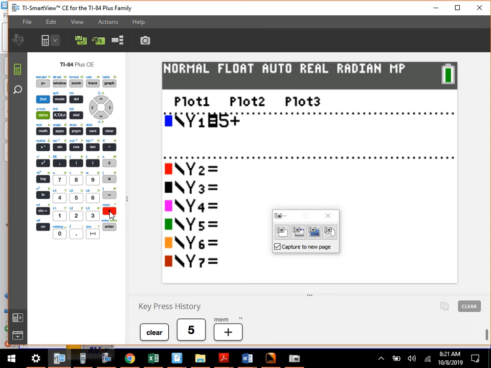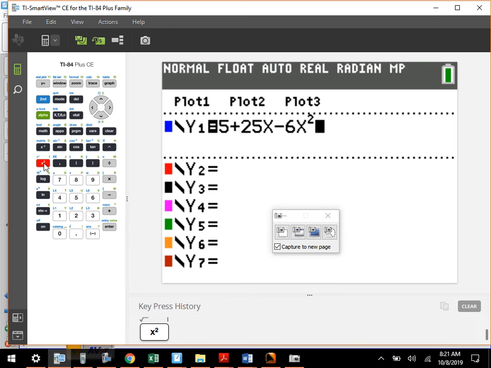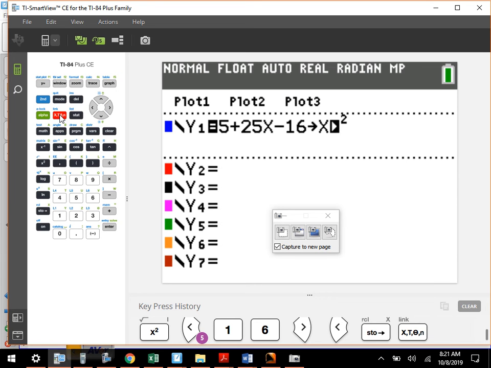So type in 5 plus 25t minus 16t squared. X's are fine for the calculator here. Remember, the variables don't matter. It still works out the same. Sorry, we didn't have a 16.